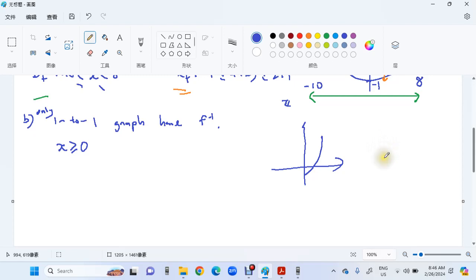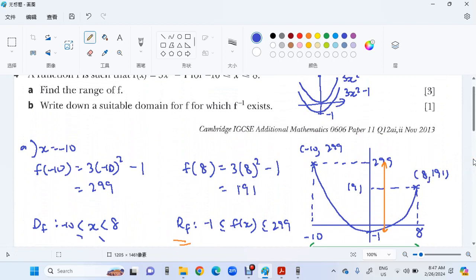So this is the answer that the examiner hopes you will write. If you write the answer as x less than or equal to 0, actually it is correct, but normally we don't write it this way. For this one, there are a lot of possible answers in my opinion.